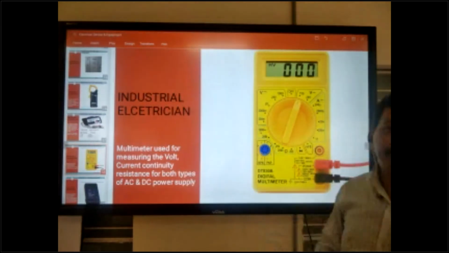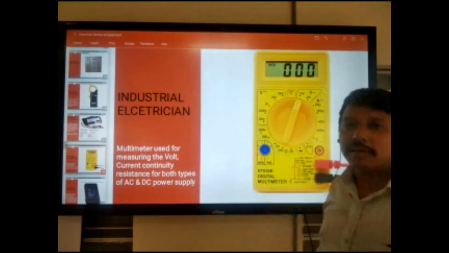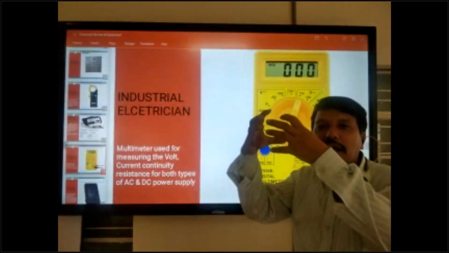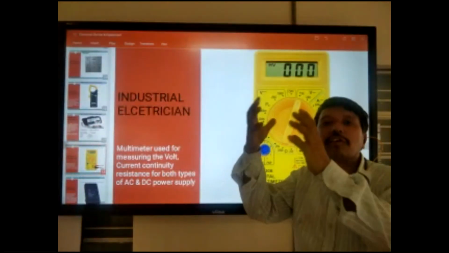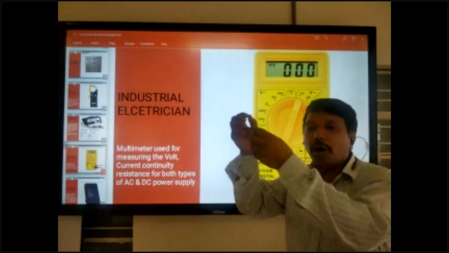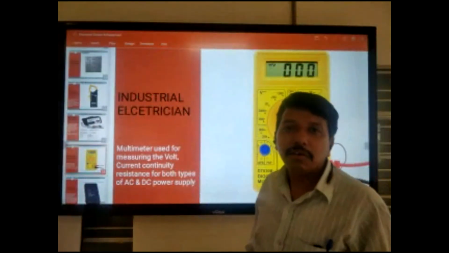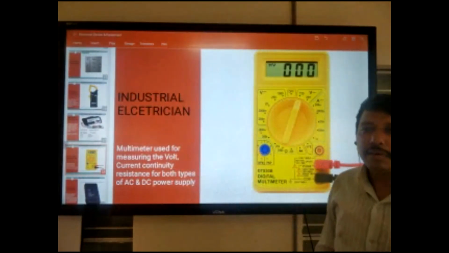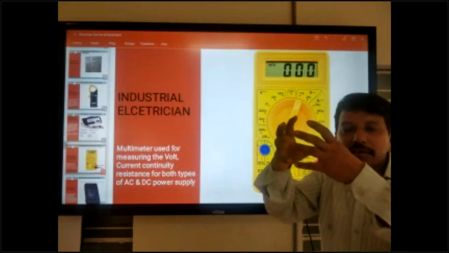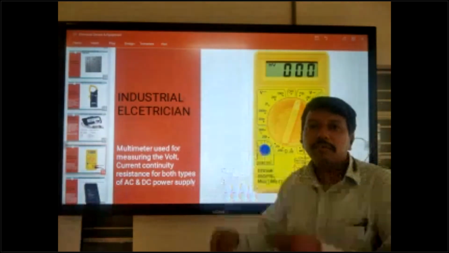And for continuity checking, when some wire is missing and you cannot find it. One DB inside can have 100 circuits coming, sometimes 50 circuits, so if numbering is missing you cannot find it. At that time you can use continuity to check, wire by wire.